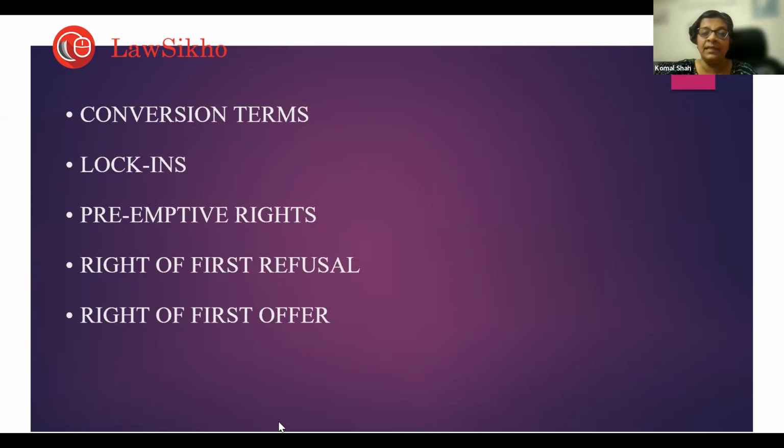And if someone says, okay, 100 rupees, then I cannot sell it at lower than 100 rupees to the other parties. So the buyer has the right to decide or offer the price. In a first refusal, the seller is saying that I want to sell it at 100 rupees. That's just the difference between right of first offer and right of first refusal.